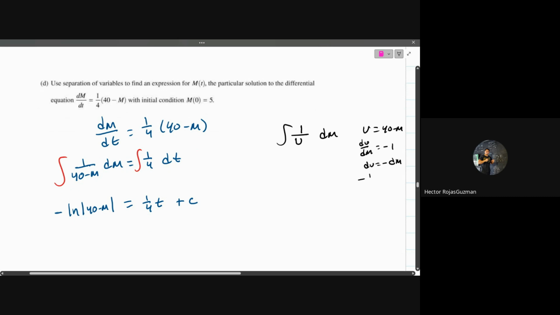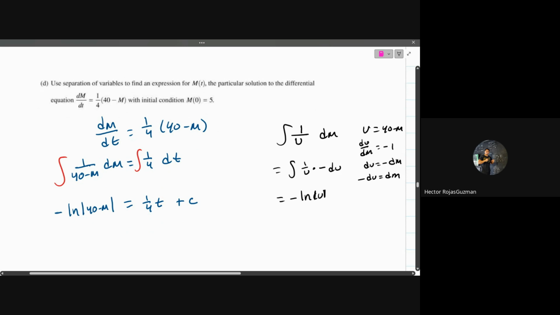So then put the negative on the other side. So then this integral becomes 1 over u times negative du. Therefore, the antiderivative is the natural log of u plus c. But we don't have a plus c since we're doing separation of variables. Anyways, this right here is already worth 2 points.